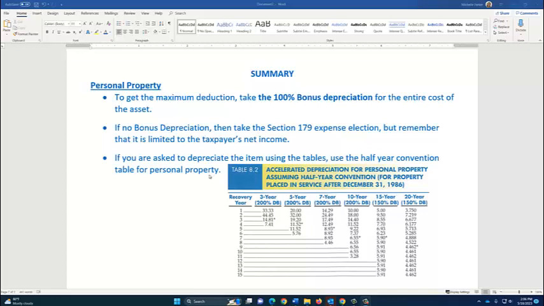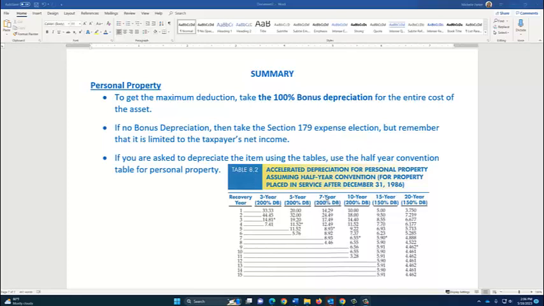If you're asked to depreciate an item using the depreciation tables, and sometimes you are, use the half-year convention table for personal property. So any property that is not real estate, come to the half-year convention table, find the useful life, and then the year of depreciation.